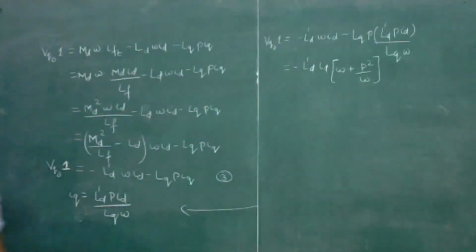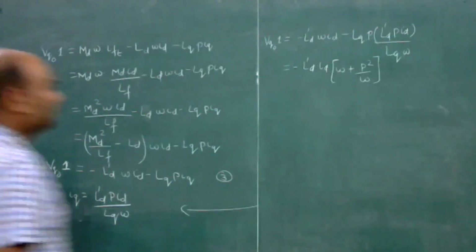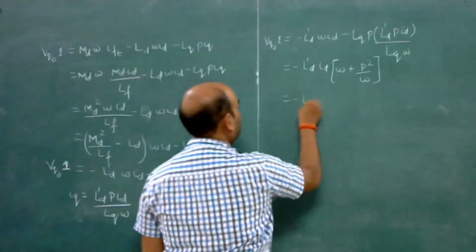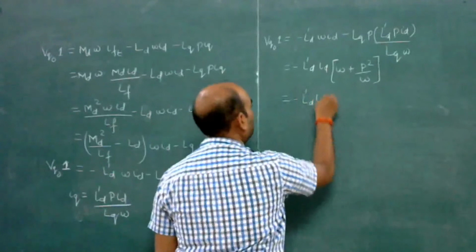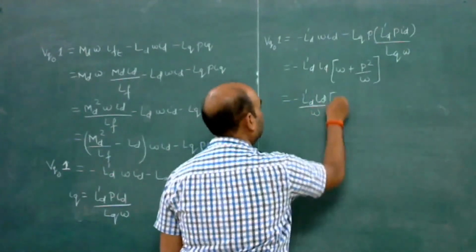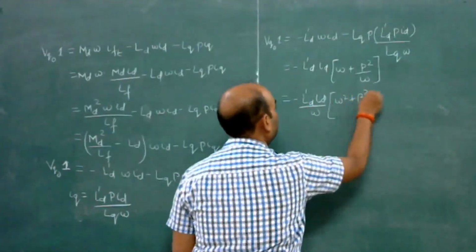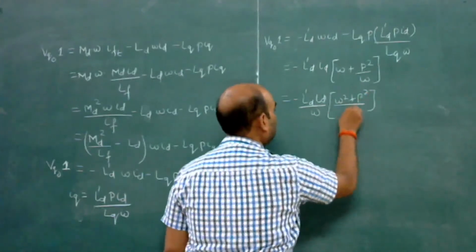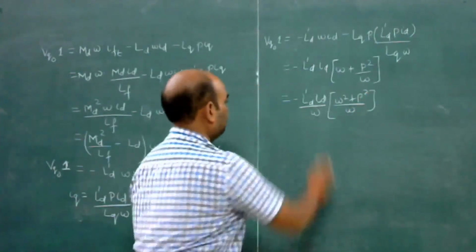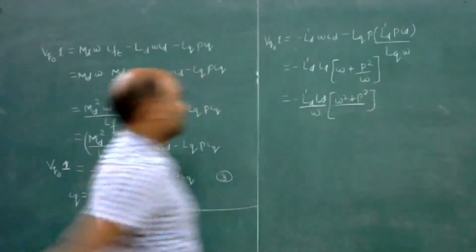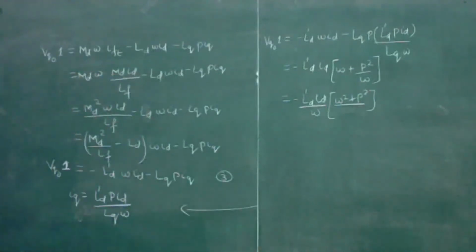Or it can be written as minus LD dash ID upon omega, omega square T square divided by this. Okay, so this is the value of VQ naught.